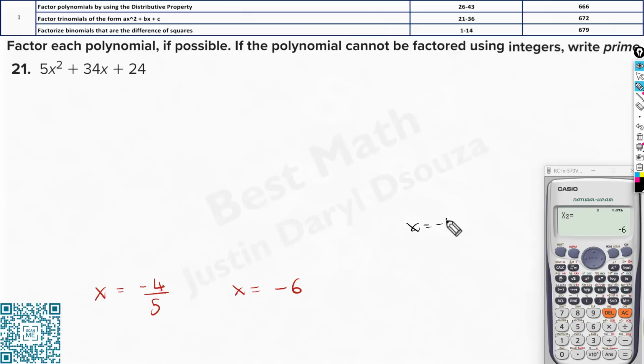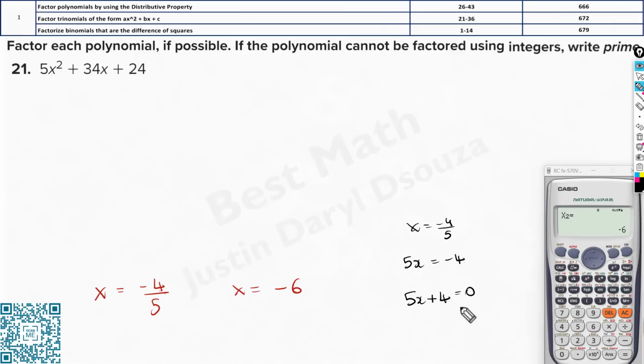X is equal to negative 4 by 5, isn't it? So 5 goes to the other side. So what happens is it'll be 5x equals minus 4. Now just don't take negative 4 by 5 to the other side. It'll be x plus 4 by 5. Don't do that. Take this divided by to the other side. It becomes multiplication. And now this negative 4 to the other side will be 5x plus 4.